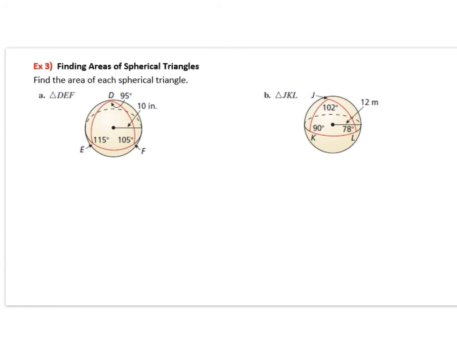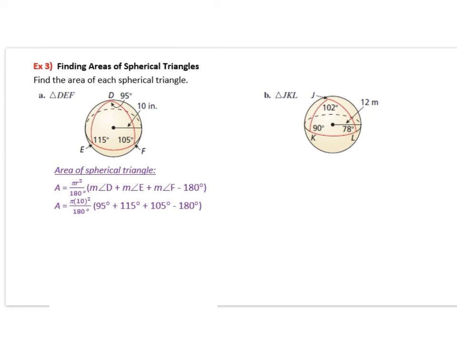Alright, so let's practice this formula for the area of a triangle. Start by writing your formula. So pi r squared divided by 180. In this case we have angles D, E, and F all getting added together. Subtract 180. Now we substitute 10 because we know that the radius is given as 10. So 10 squared is 100. 100 pi divided by 180.